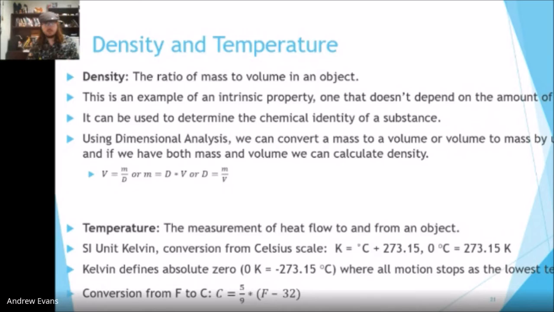Now, the temperature. Temperature is the physical measurement of heat flow to and from an object. The SI unit is actually Kelvin. We have not really probably seen Kelvin before. Kelvin is a conversion off of Celsius, but it's special. Celsius plus 273 equals Kelvin. So that if you have 0 degrees Celsius, you have 273 Kelvin.